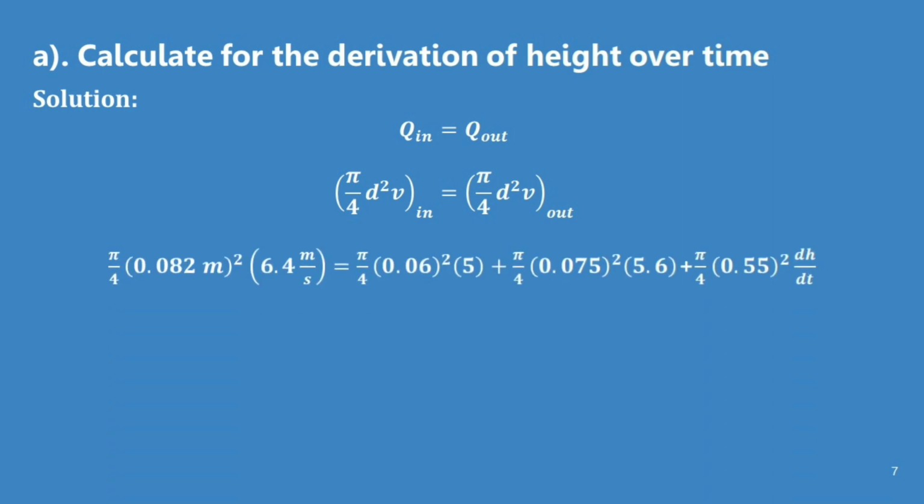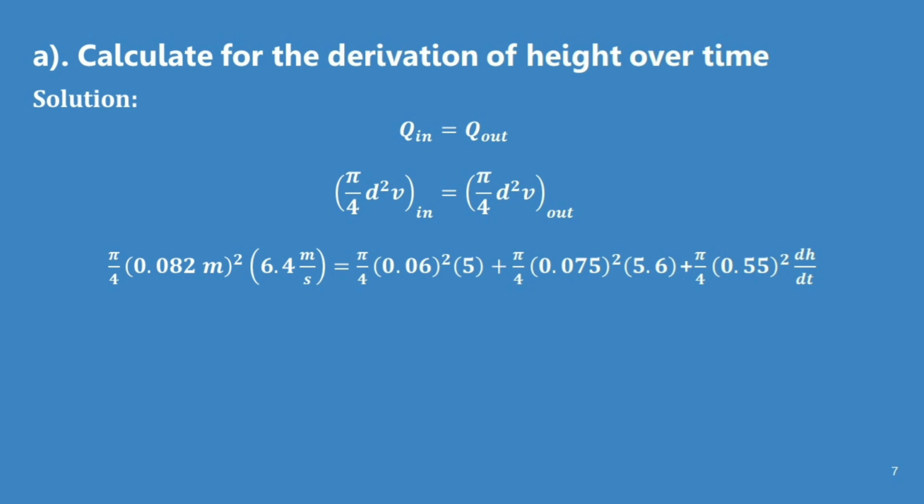So, plugging in all the given values to our formula. On our left side, let us plug in all the discharge that goes into our container. That is pi over 4, the diameter is 0.082 meters squared, and the velocity is 6.4 meters per second.